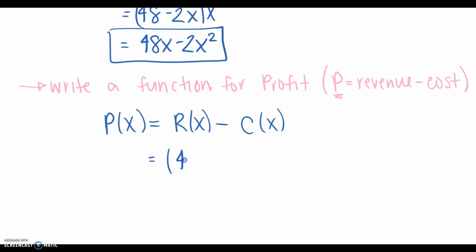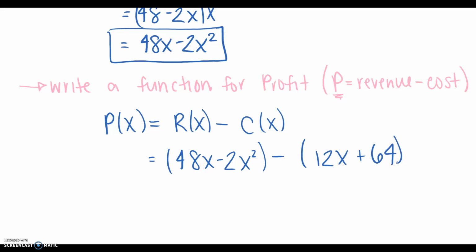So revenue was 48x minus 2x squared, and cost was 12x plus 64. Now you have to be really careful, we're subtracting this entire function, so it needs to be put in parentheses. And then don't forget, from our last video, you need to distribute that negative.